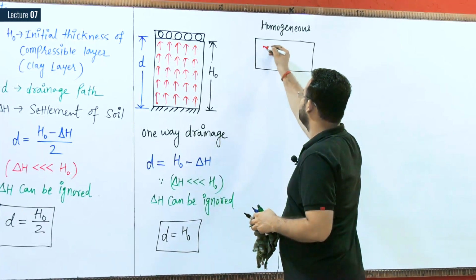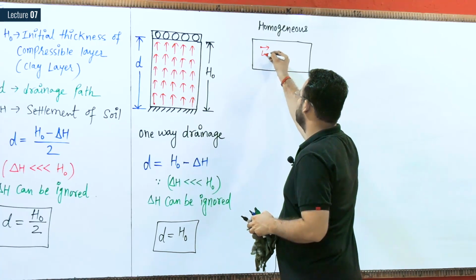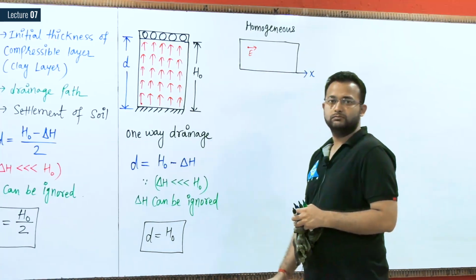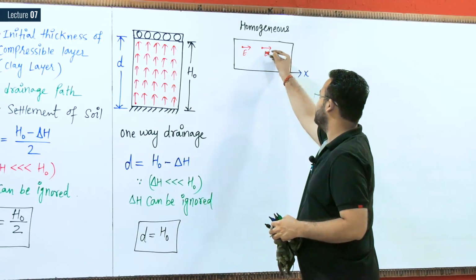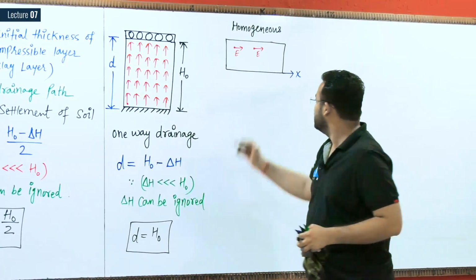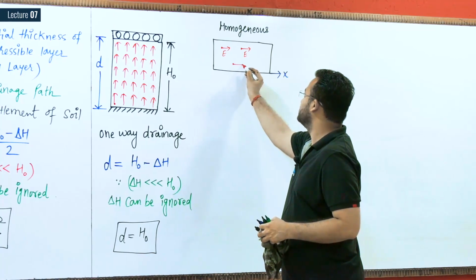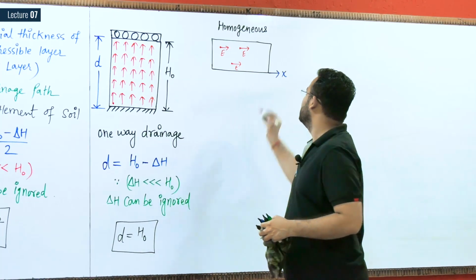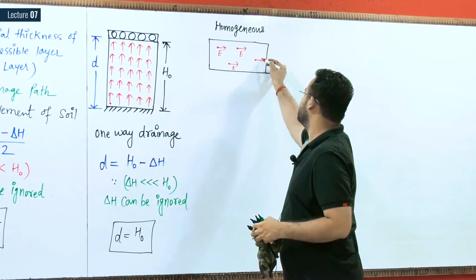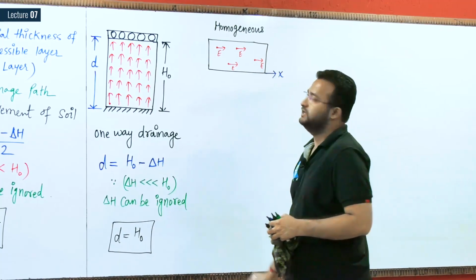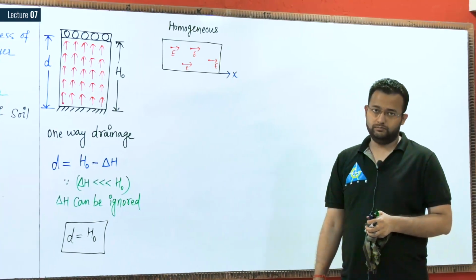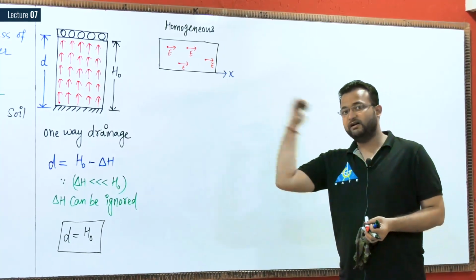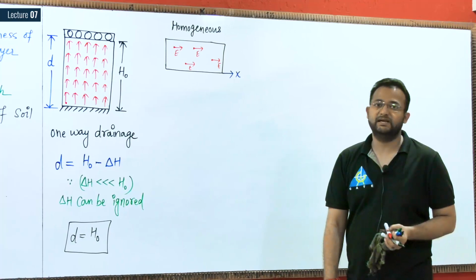Suppose if I select this point, in this direction suppose the property is E. Then if I select this point, in this direction the property will be E only. Here also the property will be the same E. Means at each and every point the property of the material in the given direction will be same.